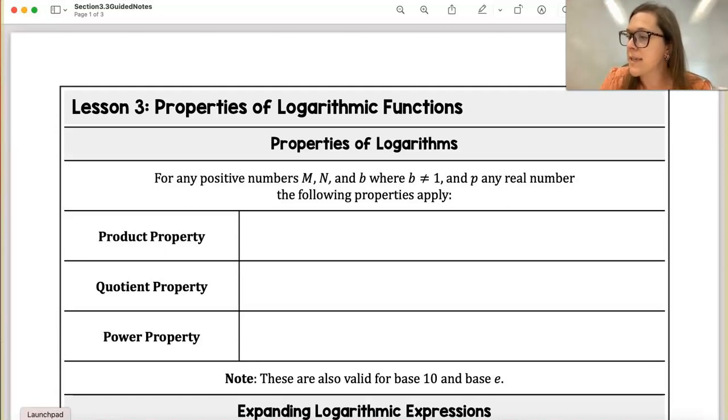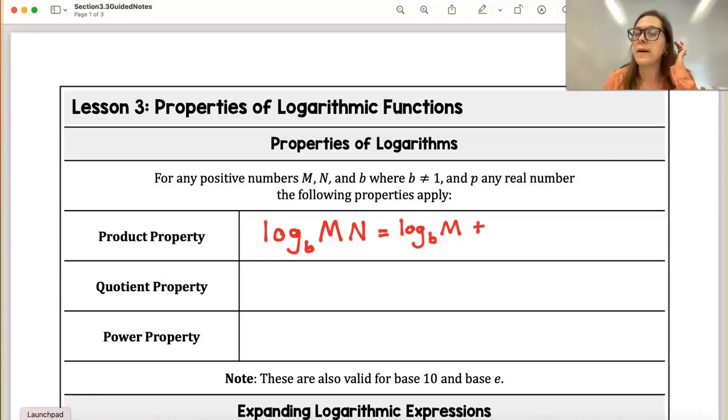What the product property says is that if you have a singular log with any given base that's not equal to 1, and you have the product of 2 things, m and n, written as mn, I can expand that into multiplication, and so into 2 logarithms with the same base: the sum of log base b of the first factor, which is m, plus log base b of n.